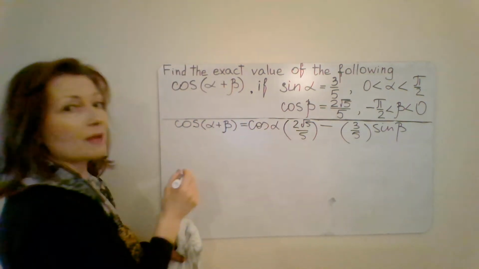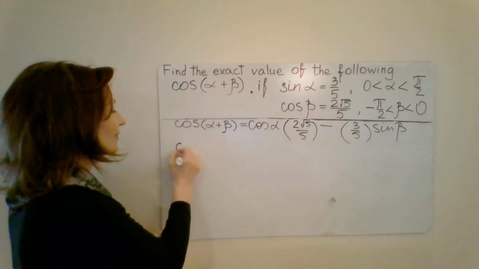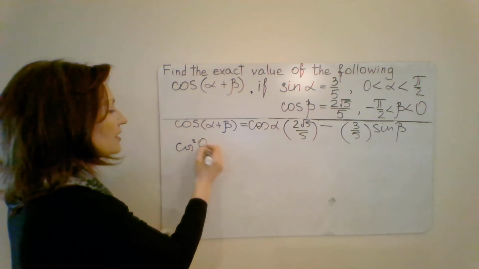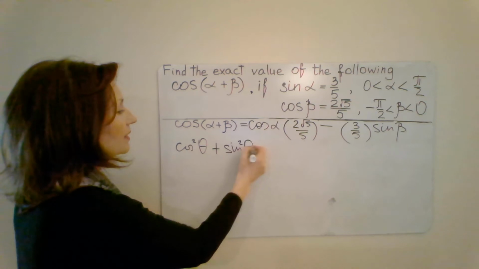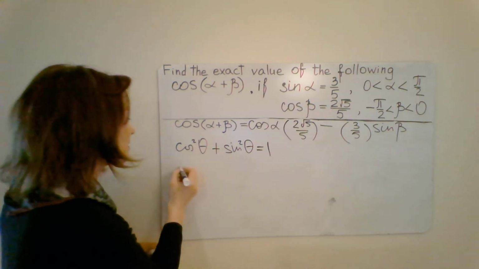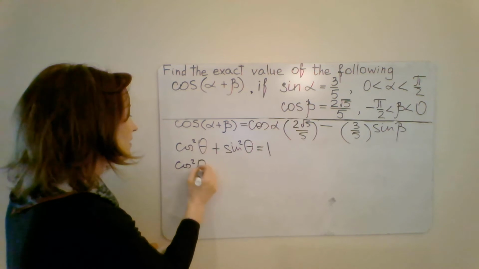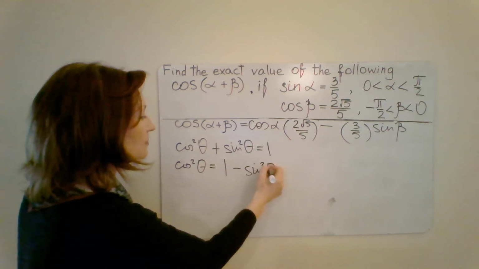To do that, I'm going to use a trigonometric identity. Cosine squared theta plus sine squared theta is 1. To find cosine, I express cosine squared theta. It's 1 minus sine squared theta.